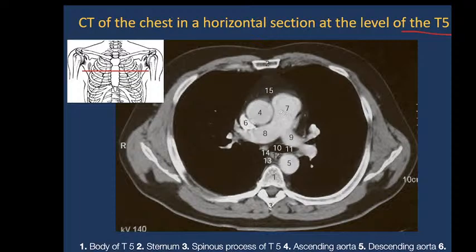Usually we see also the aortic, this is a pulmonary trunk, and aortic arch here and here, and also we see the air inside of the trachea.